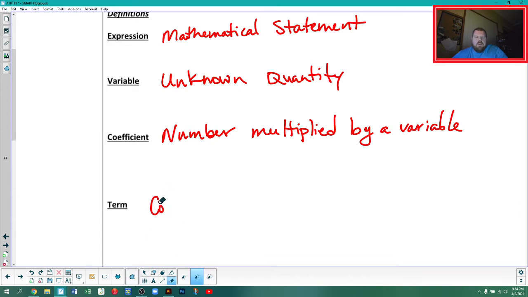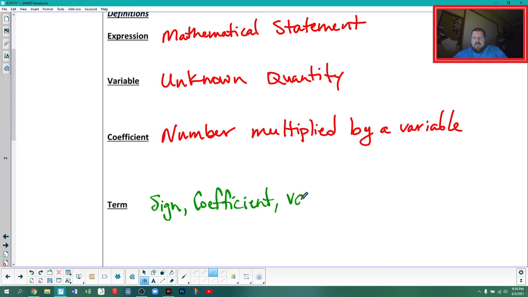Actually, I'm going to back up a little bit. I'm going to say a term is a sign, coefficient, variable, and exponent combination.